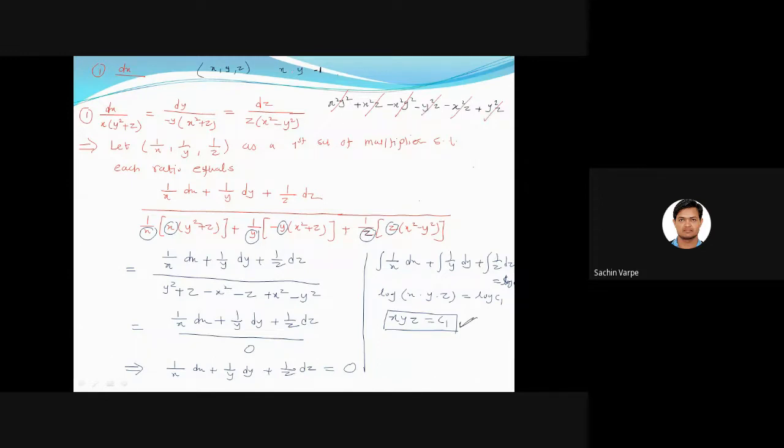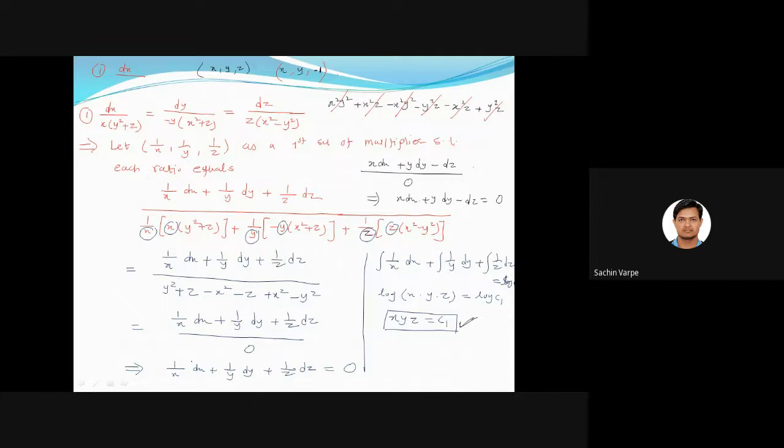So the second set of multiplier must be xy minus 1. So with this second set of multiplier, what will be the solution? X dx plus y dy minus dz upon 0. Directly I'm writing. So therefore, x dx plus y dy minus dz is equal to 0.